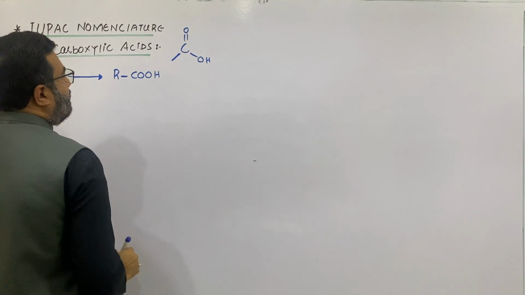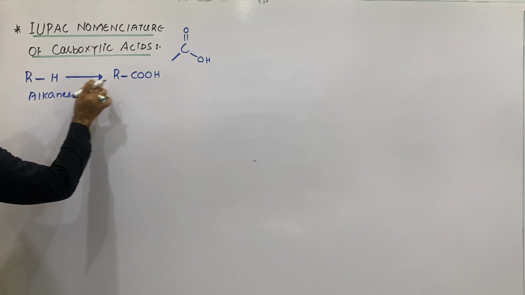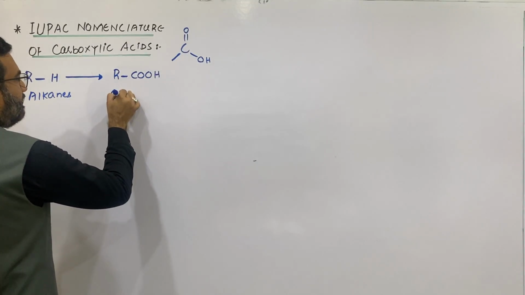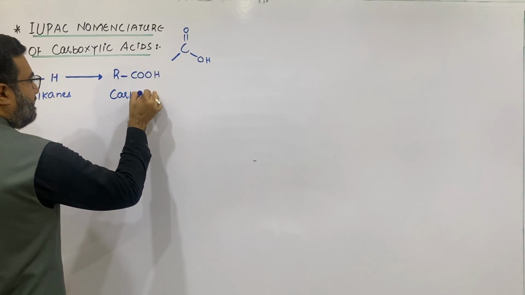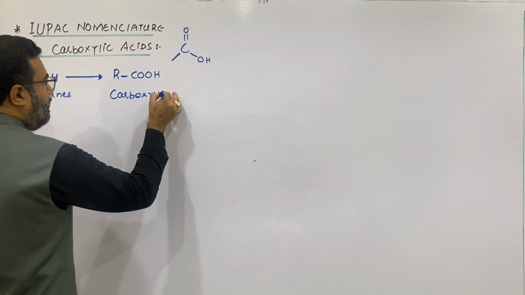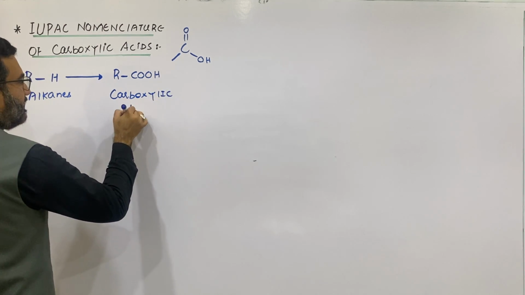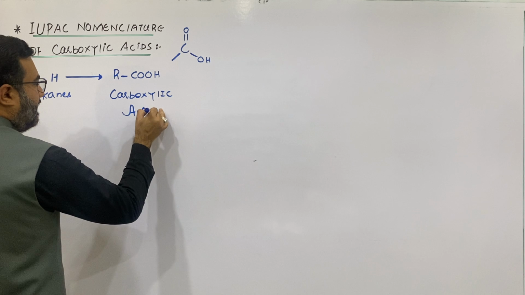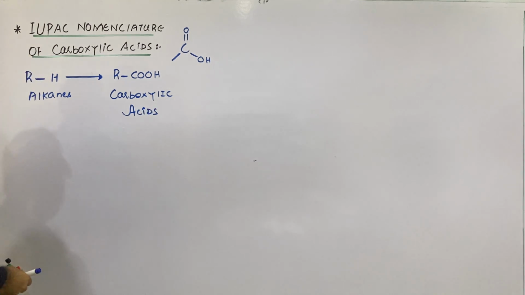This is the carboxyl group. So replacing the hydrogen of an alkane with the carboxyl group, you will get a class of organic compounds which in common language are called carboxylic acids. So basically, carboxylic acids are derivatives of the alkanes.